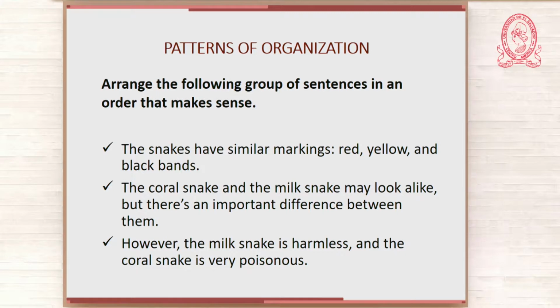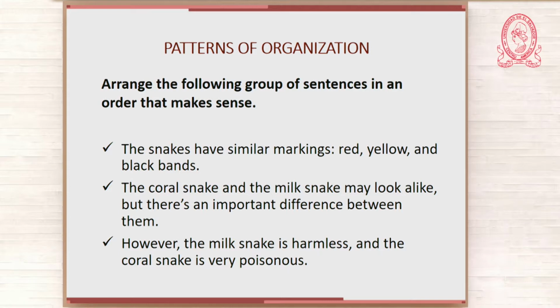To introduce the comparison contrast pattern, this means both features together, Langan presents the following example. Let's read the instructions. Arrange the following group of sentences in an order that makes sense. Decide which sentence will be number 1, number 2, and number 3. The result will be a short paragraph.